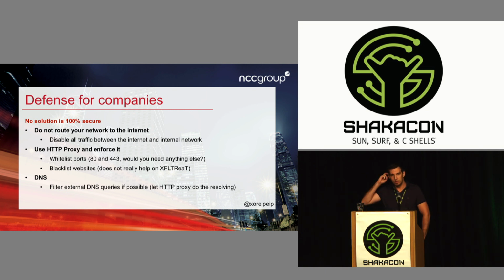What you can do is enforce an HTTP proxy in your company. You don't need any computers connecting to the internet unfiltered and directly. You should use an HTTP proxy on all servers, on all guest and corporate computers and laptops. That way you can do lots of things.